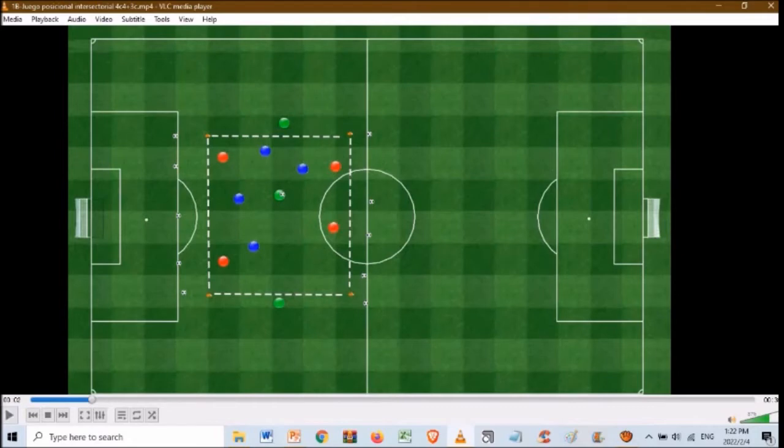Okay, here we have the same thing, okay? Now we're going to have a 4v4 with 3 jokers, okay? Reds versus blues, in this case 4v4, and the 3 jokers are playing as the fullbacks and center midfielders, and the reds will be the 2 central defenders and 2 offensive midfielders, okay?